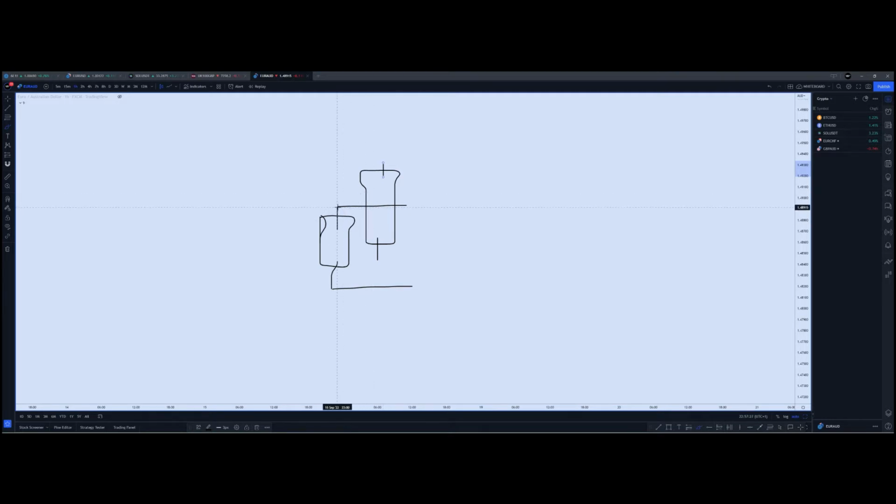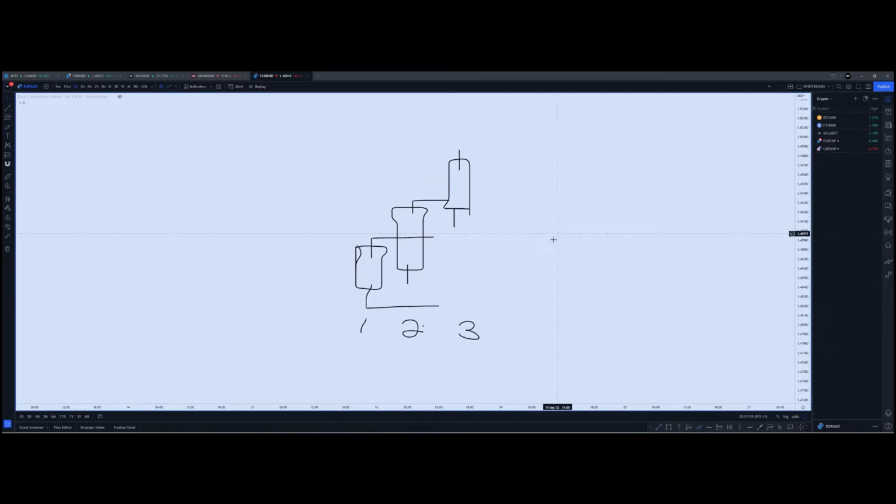If the daily closes above this high, then the next day, say this is the 1st of September, this is the 2nd, then the 3rd of September, I will anticipate price continue going higher. So then obviously if you trade ICT, you want to anticipate a low forming in London and then expansion to the upside to form the end of the day, and then that will end up closing above this high again, and then the process continues, right?